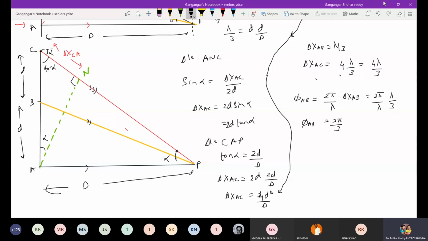Means for phi BA, you can write it better. B will lead A, no? So this should be the phi BA. XCA. Symbols, I'll change all symbols. This should be XCA, because A I'm taking as reference, and this will be XBA.